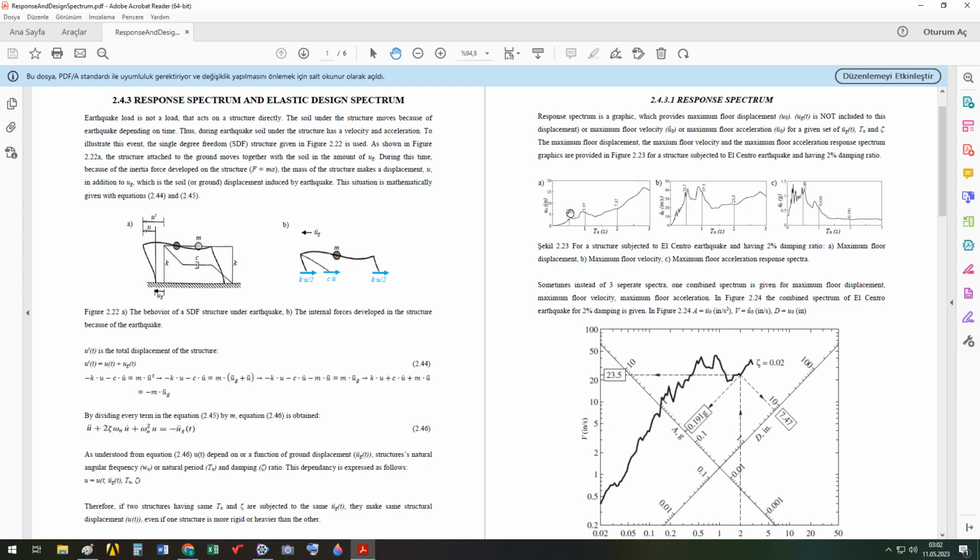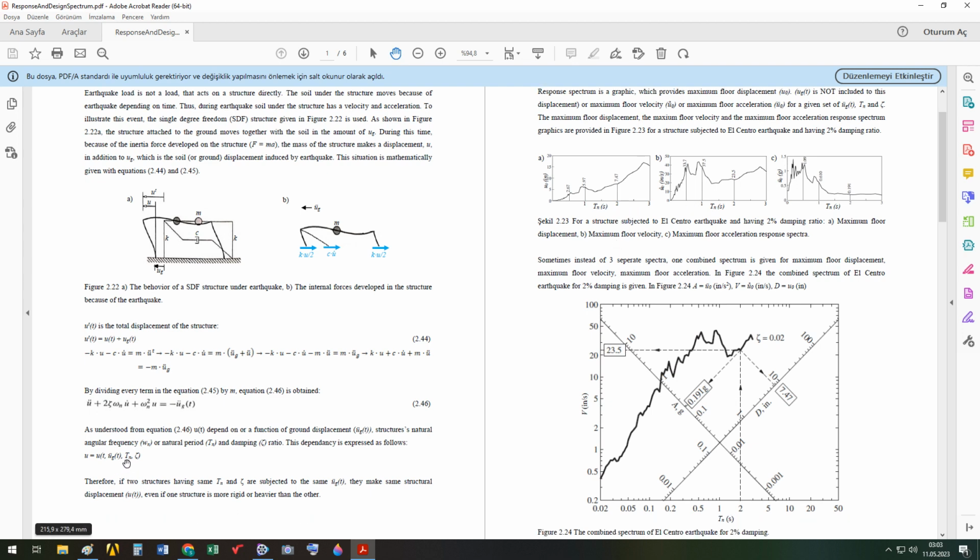For example, for the El Centro earthquake, consider a lot of single degree of freedom structures which have a damping ratio of 2%, and their Tn's or omega n's are different. They are all subjected to the same ground acceleration as El Centro.